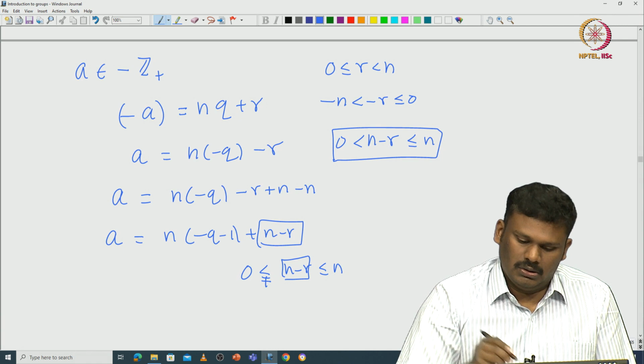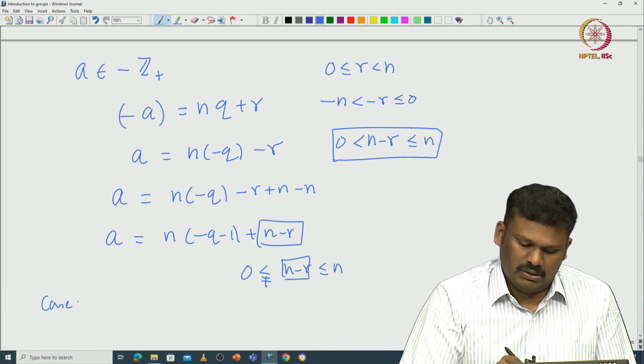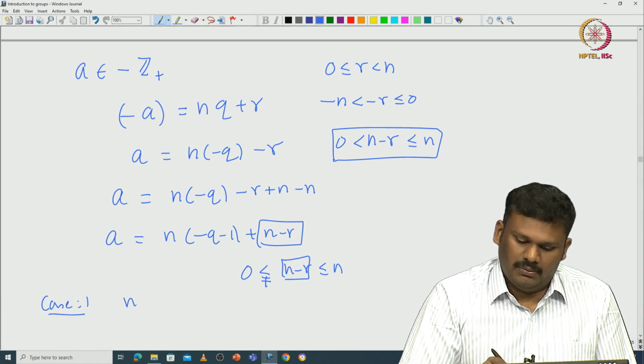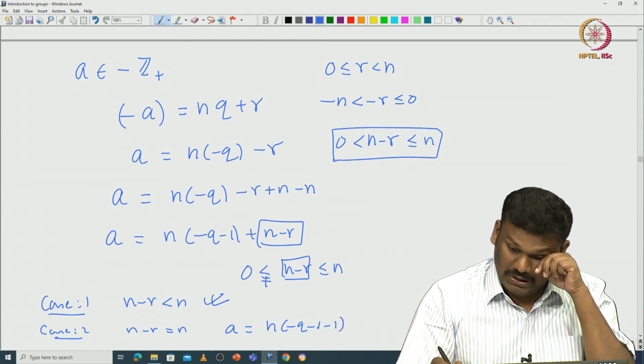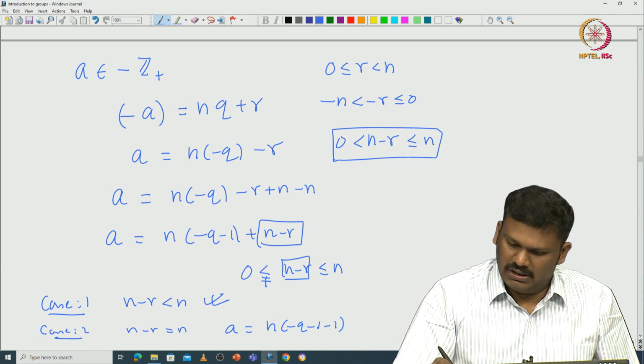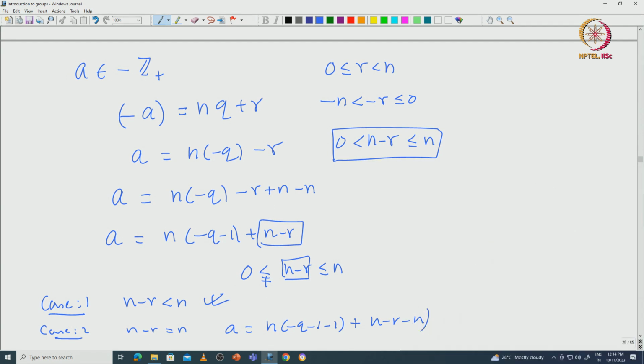Again there are two cases. Case 1: if n minus R is strictly less than n, then we are done, there is no issue. Case 2: if n minus R is equal to n, then you write A equal to n times minus q minus 1, and then you subtract and add n, so this will become plus n minus R minus n, and then you add it.